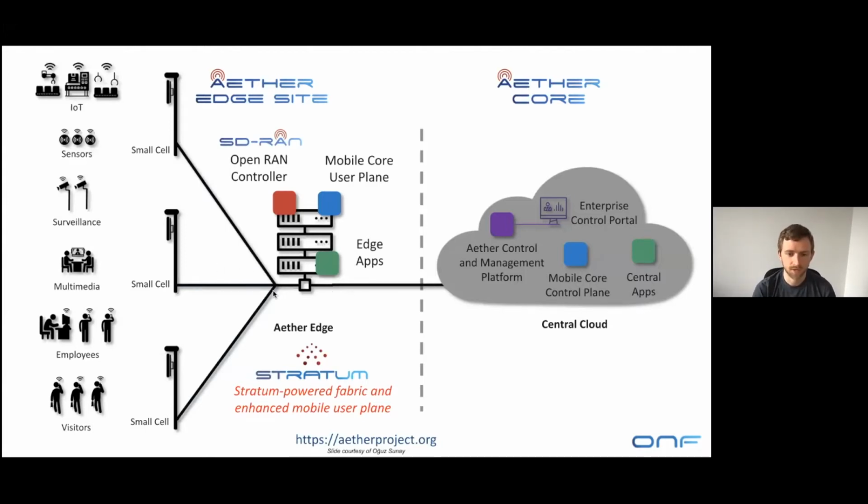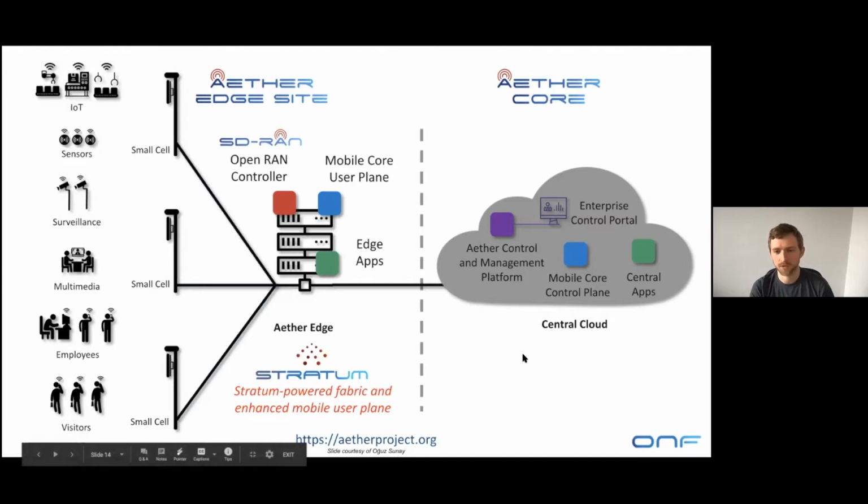In this network, Stratum powers the fabric and provides an enhanced mobile user plane. And then control plane applications can either be located on site in the Edge fabric, or they can be located in the remote cloud. For more details on Aether, you can visit the aetherproject.org page.